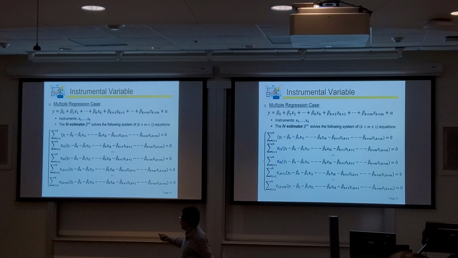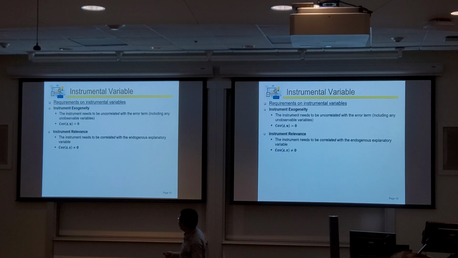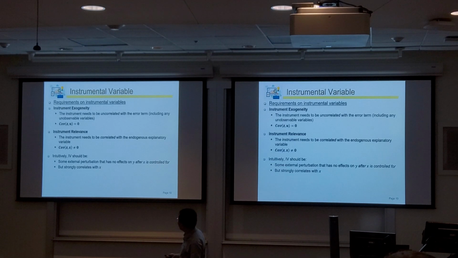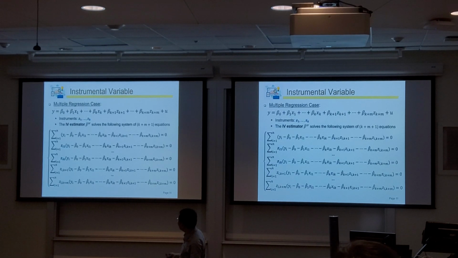What we just talked about is the single IV case, with a single X variable. In the general multiple regression case, if there is more than one X variable that is endogenous, more than one correlated with the error term, then what can we do? You need to find the same number of IVs as the number of endogenous variables.